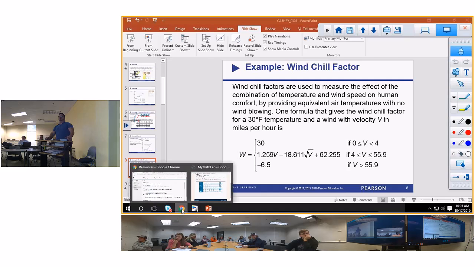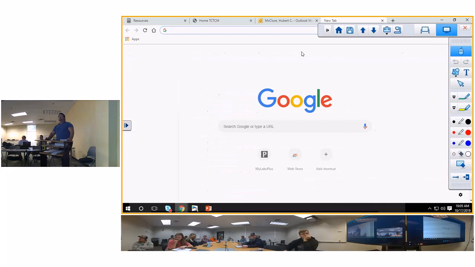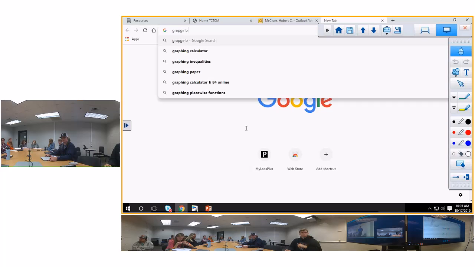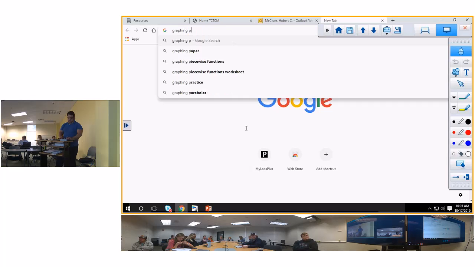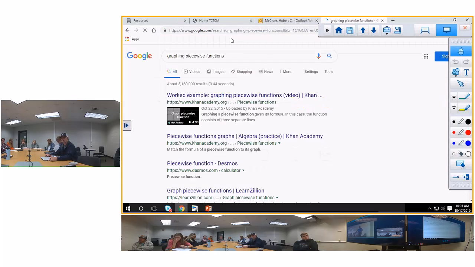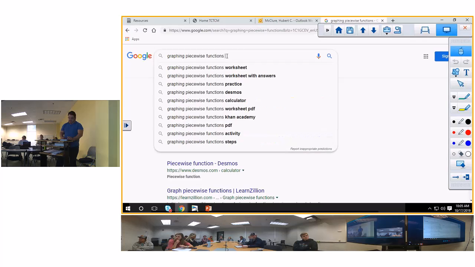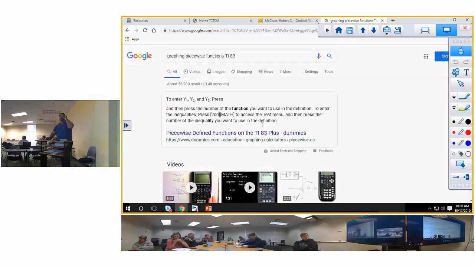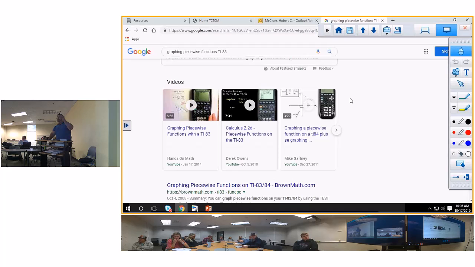You go to what's called Google, and you type in graphing piecewise functions, and then type in maybe TI-83, and it shows you how to do that. And all you have to do basically is type in your inequalities after you type in your graph.